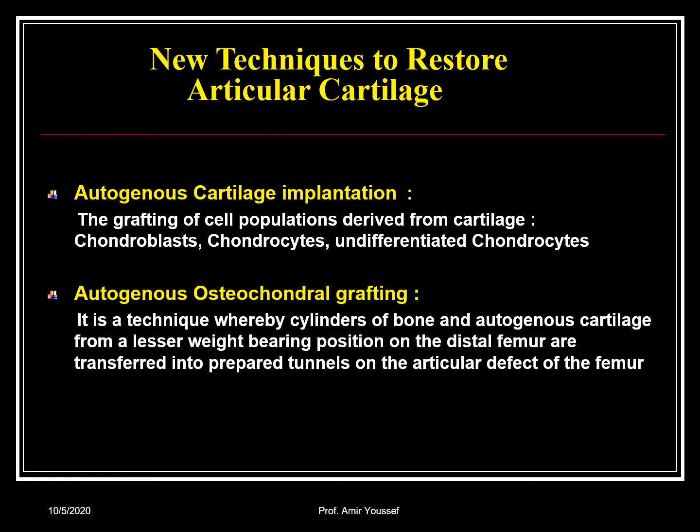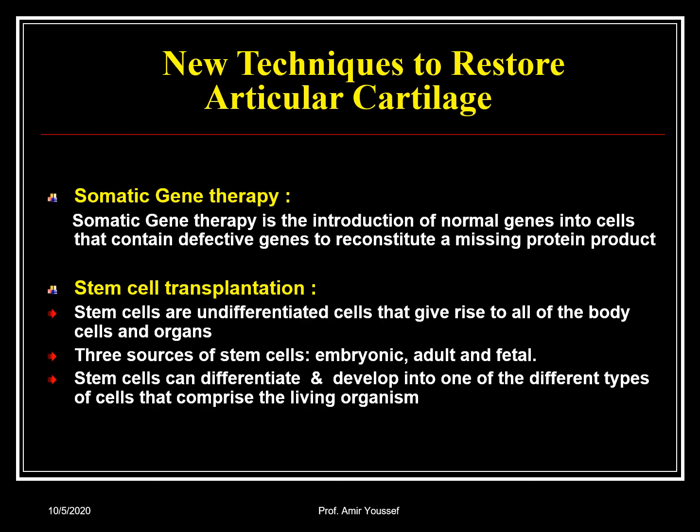Autologous osteochondral grafting is a technique whereby cylinders of bone and autologous cartilage from a less weight-bearing position on the distal femur are transferred into prepared tunnels on the articular defect of the femur. Also, somatic gene therapy. Somatic gene therapy is the introduction of normal genes into cells that contain defective genes to reconstitute a missing protein product.